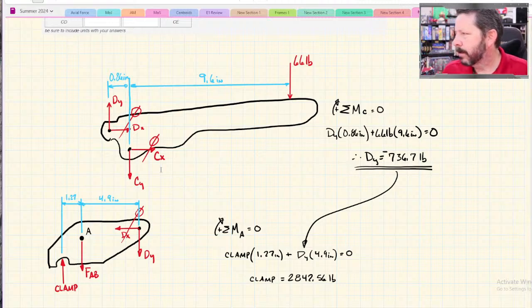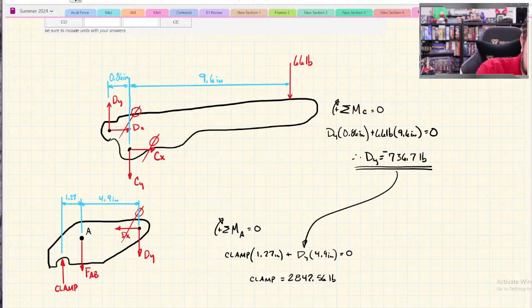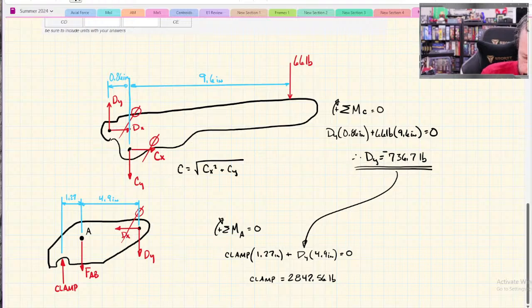Yes, so the question is, for any frame or machine question, I am probably more than likely going to be asking for, if I say the force or the reaction at pin C, for instance, what that would mean is you find CX and CY and take the square root of the summation of the squares. So just to be sure about that, C equals the square root of CX squared plus CY squared.